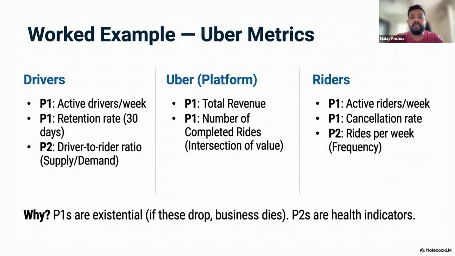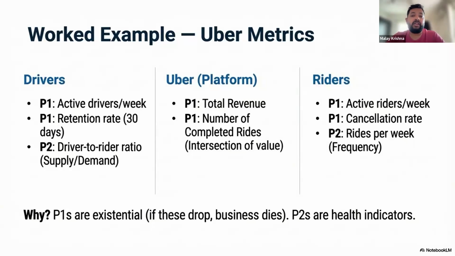Of course, it is an existential metric. Without revenue and profit, Uber will not be there. Number of completed rides, again, is an existential metric, because without the rides, you're not going to get it. Another thing that Uber can have as a P2, which is a health indicator, is probably the ROI that they're making on their incentives and investments. Right? That's another metric that you can have.